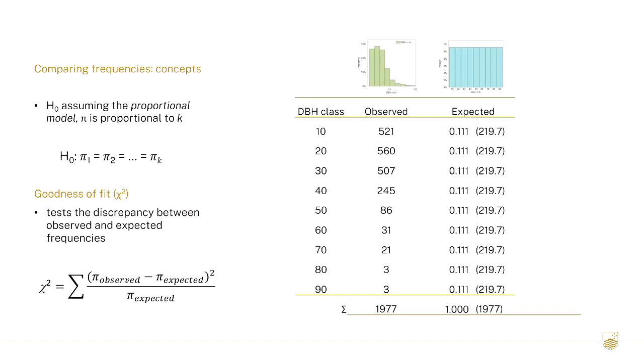And if we sum all of those down the bottom, yes, we still have 1,977 in our expected column. And if we calculate our chi-square statistic, difference between observed and expected squared divided by expected, here our 219.7, then we end up with our chi-square. It's a simple calculation process that gives us this value down the bottom.